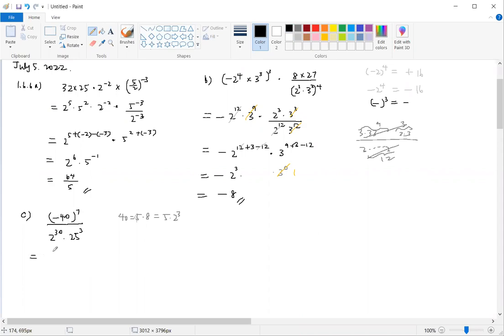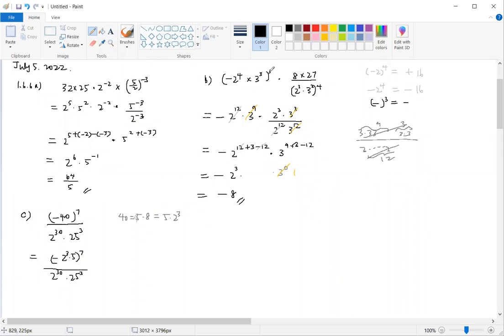Okay, so let's write like that. This is negative 40, 2 cubed times 5. First, right here, negative 40, and then to the power of 7, 2 to the 30, 25 cubed. Now, next is, as I mentioned before, negative without the bracket means this is a negative number. Negative to the power of whatever: negative times negative is positive.